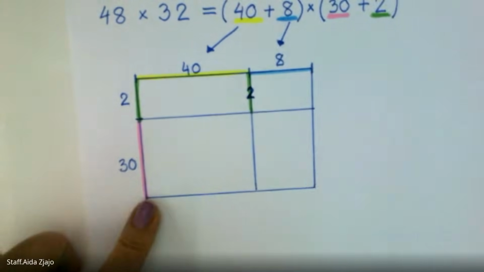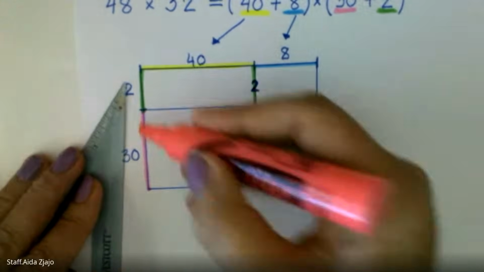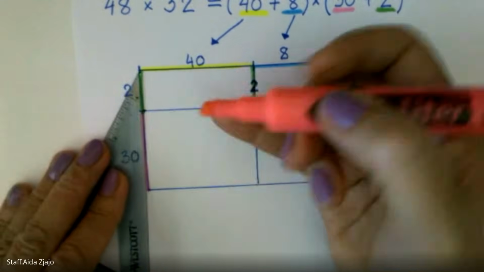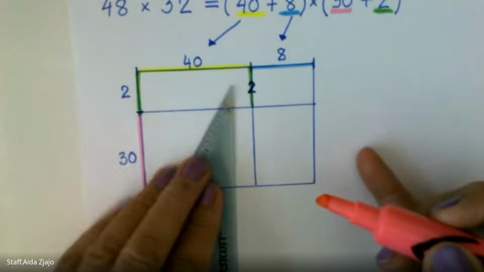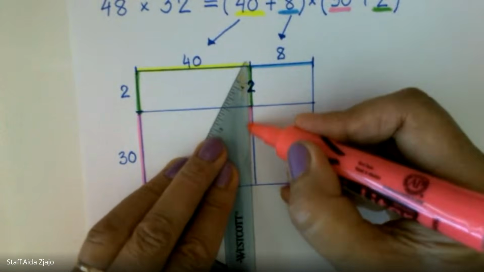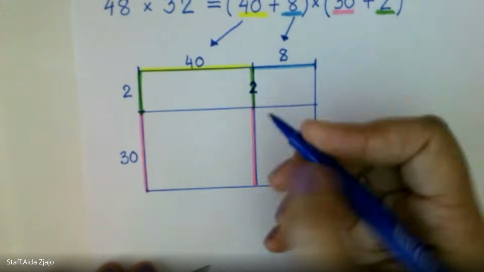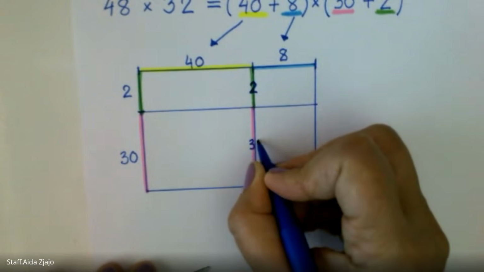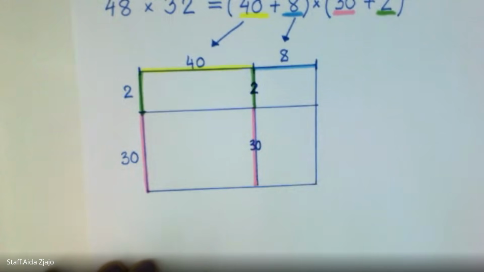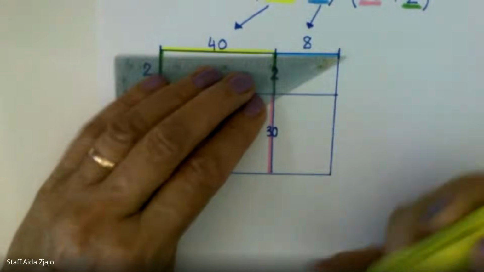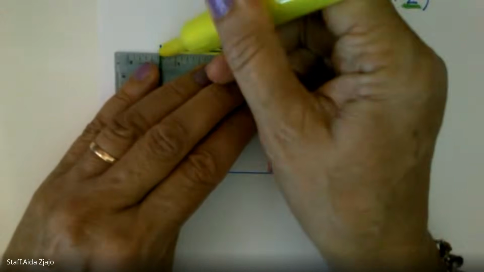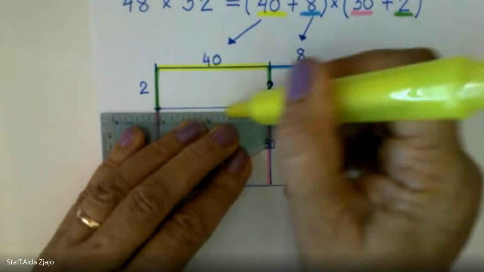Okay, now I have this length of the rectangle that is the same as this, parallel and congruent. So this will be 30 as well. And when I look, the top one is 40, so is the bottom one?